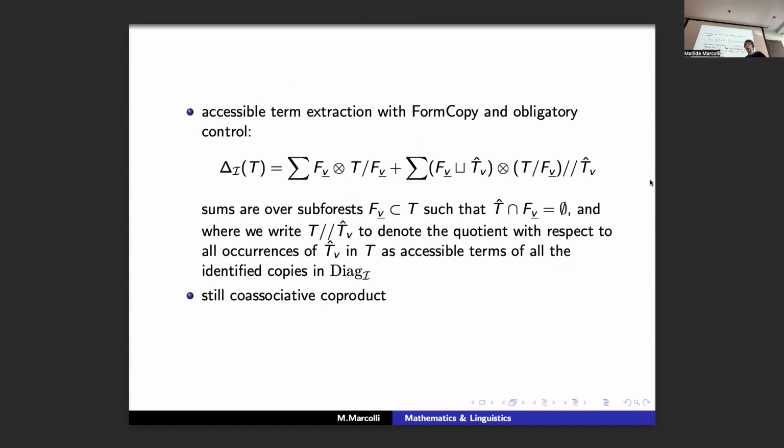This is still compatible with the properties of the product, but it takes into consideration this type of constraints. Okay.